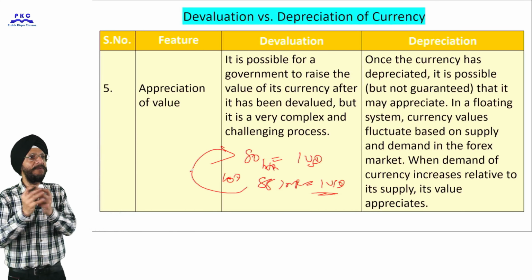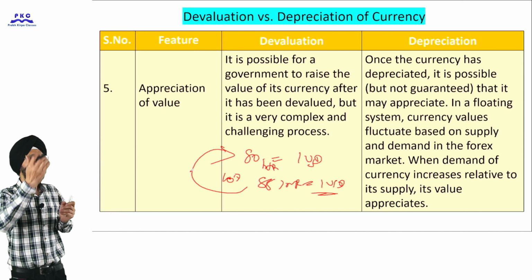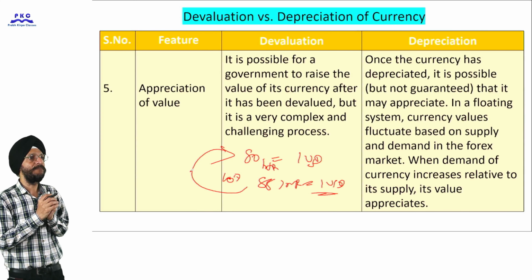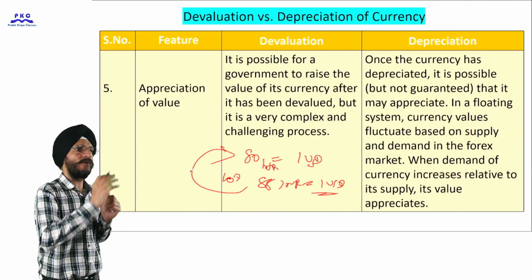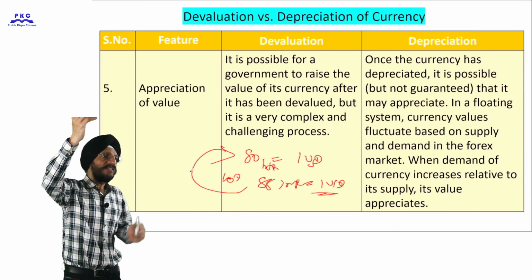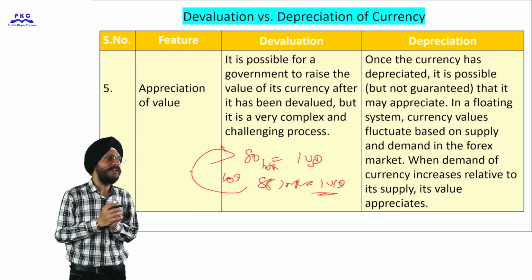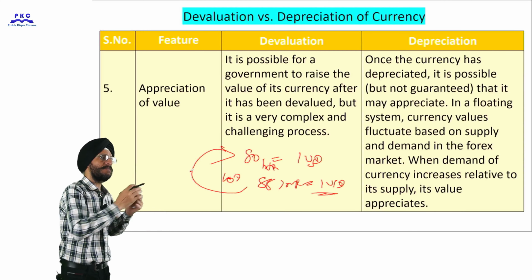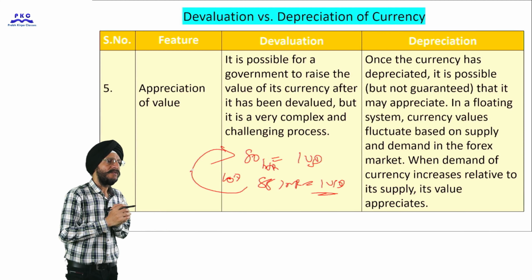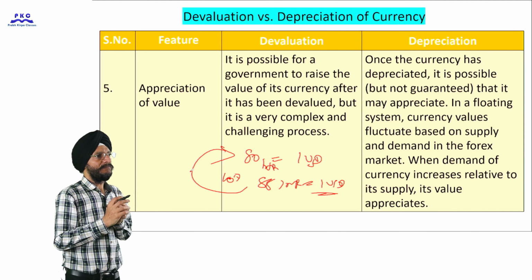In the case of depreciation, once the currency has depreciated, it is possible that it may appreciate, but this is not a guarantee. If there is political instability in the country, the foreigners are not interested in making investment in the country, then what will happen?